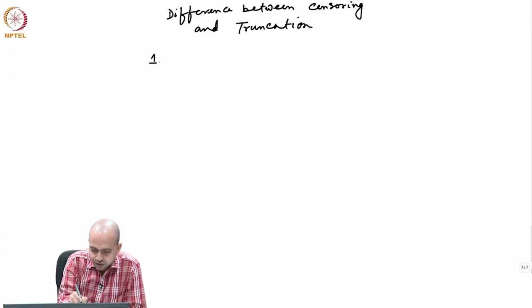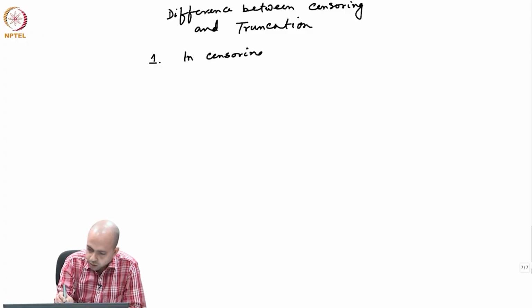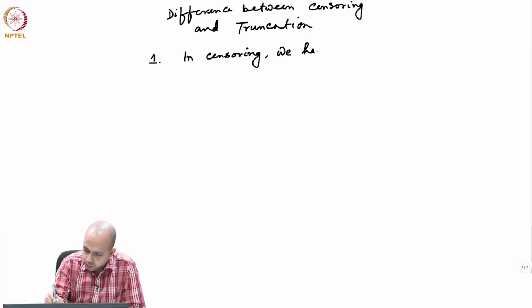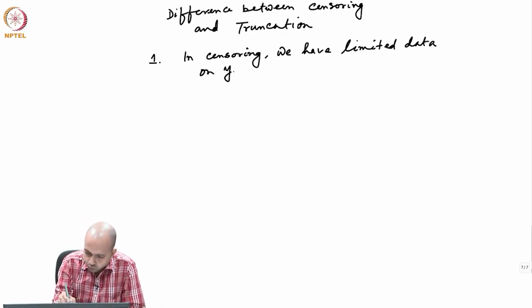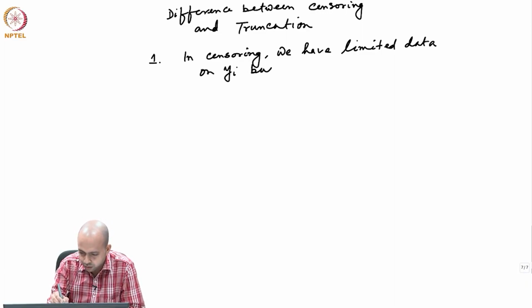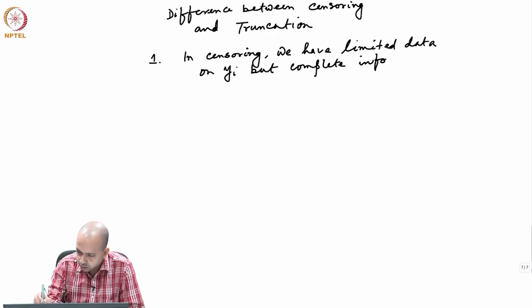So, the first difference is in censoring, we have limited data on yi, which is the dependent variable, but complete information on xi.